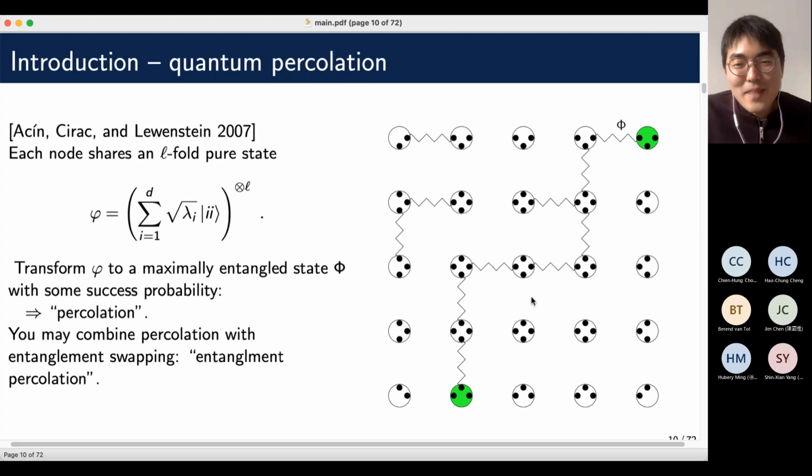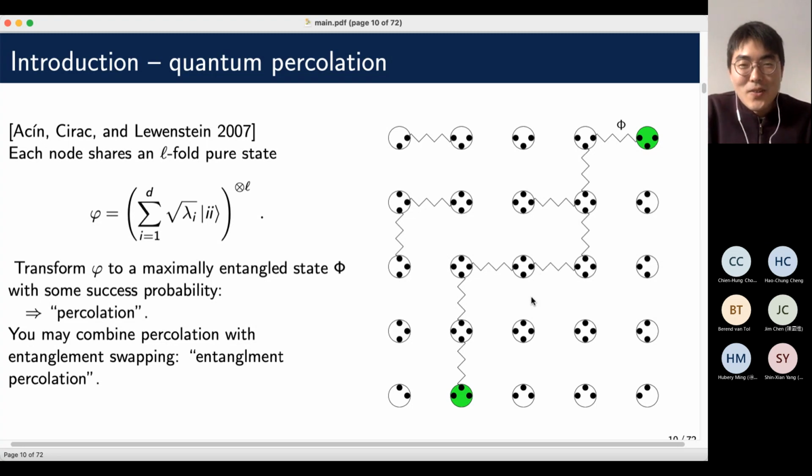And there is some nice theory about combining this percolation with entanglement swapping in some lattices, transforming a hexagonal lattice to another lattice, a triangular lattice. And there is some advantage compared to using only classical percolation theory.